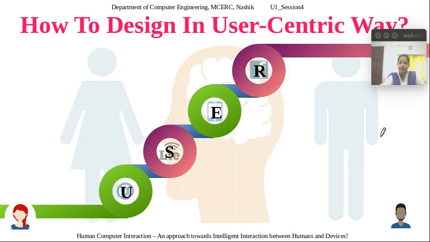Okay, there are some terms related to the user centered approach, on which you have to think whenever we are eliciting the requirements from our user, out of which the first is empathy. Now what is empathy? It is nothing but the ability to imagine how someone is feeling, what their mental state is, what their moods are.